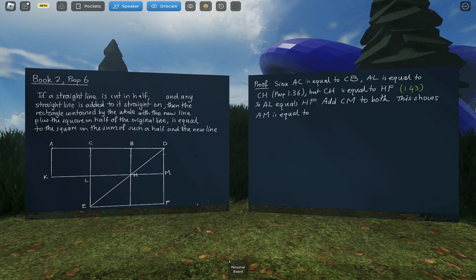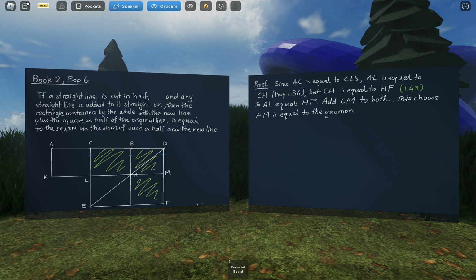Right, and then I'm adding CM to both. So that's the gnomon, right? Did we talk about the gnomon last time, or is this the first time it's appearing? I forgot. Yeah, we talked about it last time. Yeah, okay. So this area here, where you color in three parts of a division of a parallelogram along a diagonal like this, this is the gnomon, and that is CM plus HF. Right?